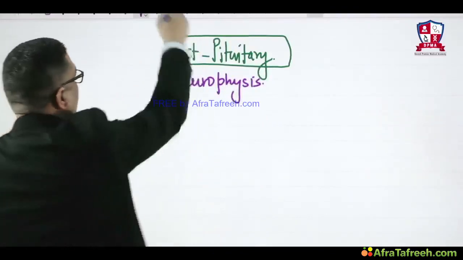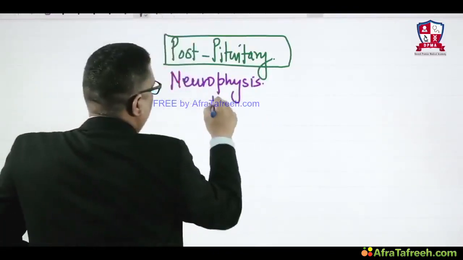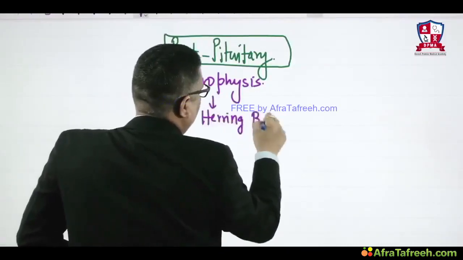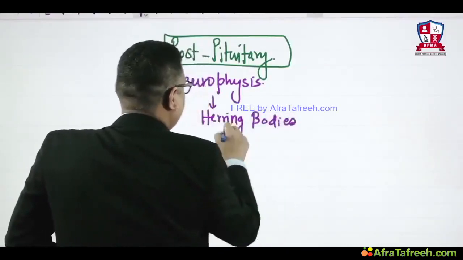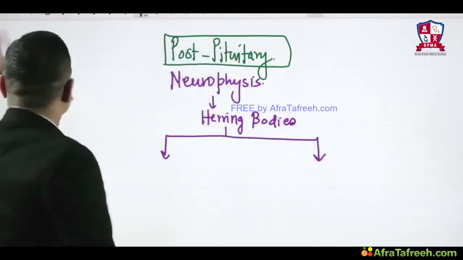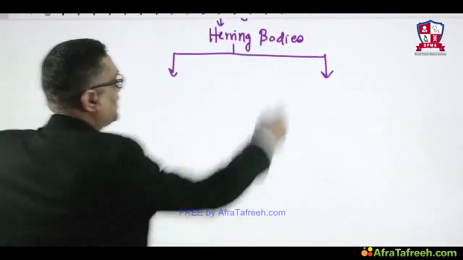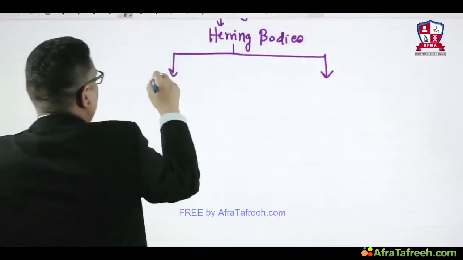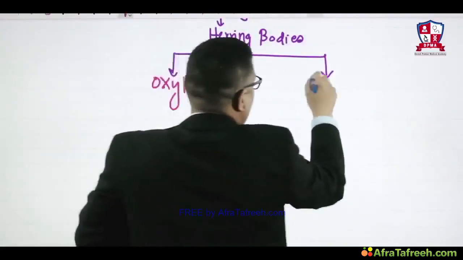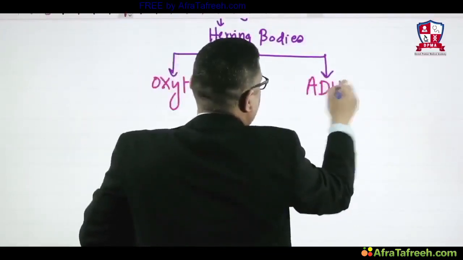As I said, in neurophysis, the terminal ends of the axons are called Herring bodies. Herring bodies are storage for two important posterior pituitary hormones, that is oxytocin and ADH, right? So these are the two hormones, oxytocin and ADH.